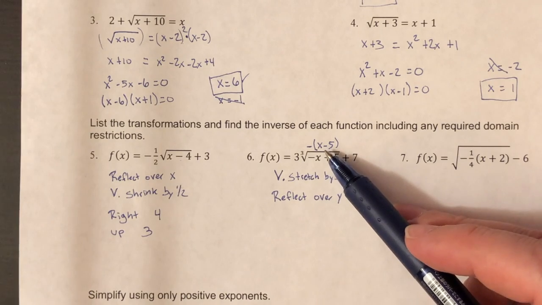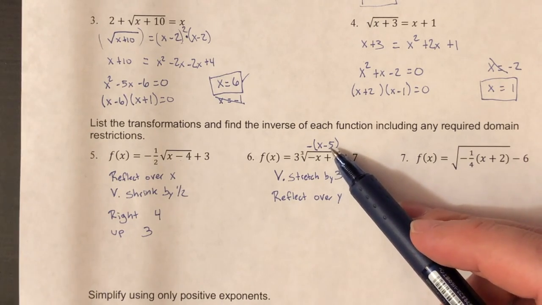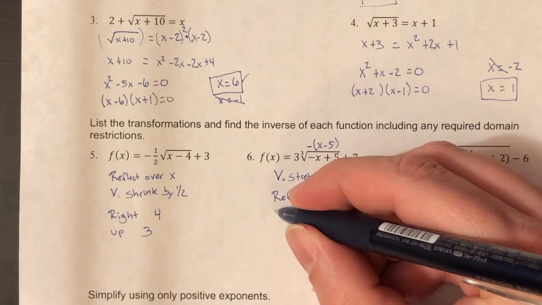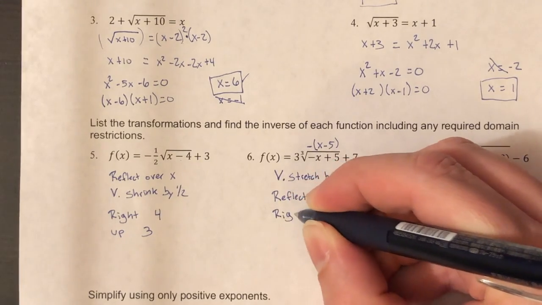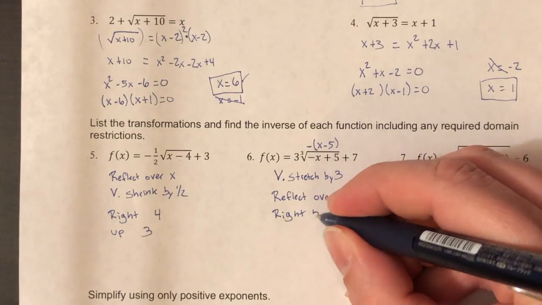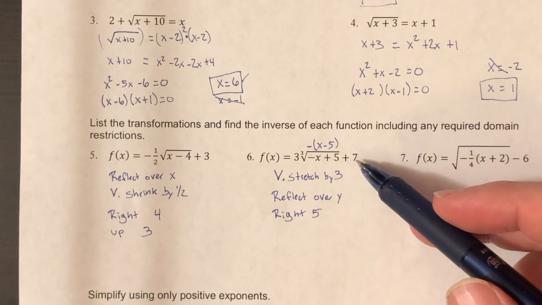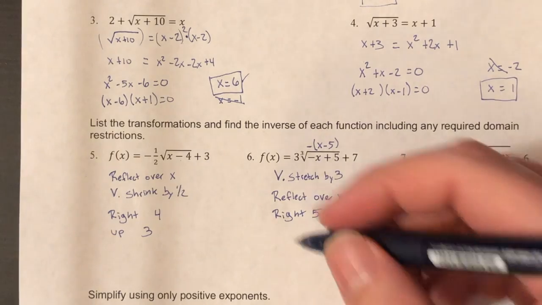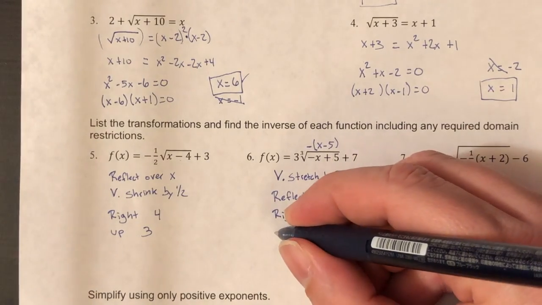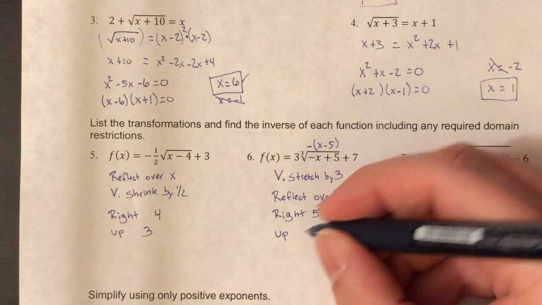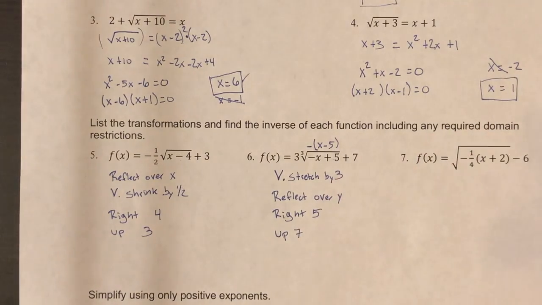So now that it is -5, I can see that this actually shifts right 5. And the +7 that is outside at the end, that's going to be a vertical change. And since it's positive, it's going to go up 7.